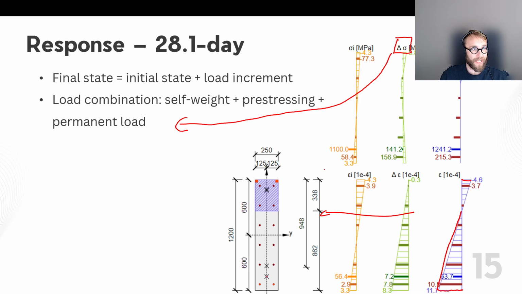You're able to see that there is approximately a 200 megapascal increment on the tendons, and also a completely different stress state with minus 8.1 megapascal on the top, and the maximal stress on the reinforcement is 215, and on the tendons 1241 megapascal.